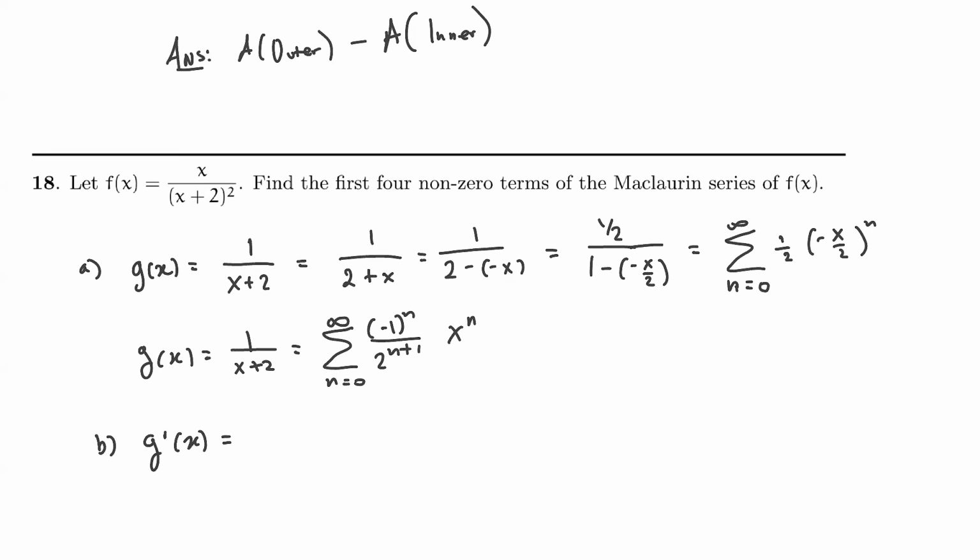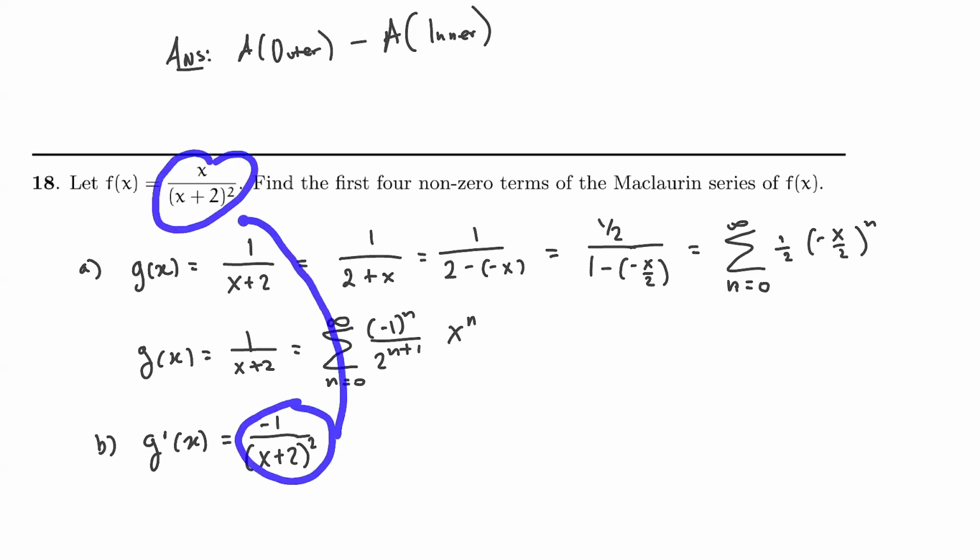What is g prime of x equal to? What is the derivative of this guy here? The derivative of 1 over x plus 2 is, I think, negative 1 over x plus 2 squared. And now you are seeing how this is transforming into f of x. You're seeing that in real time.